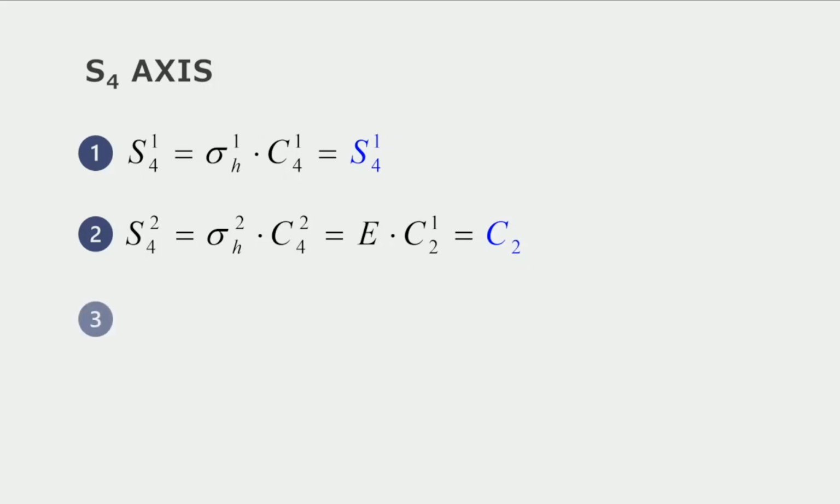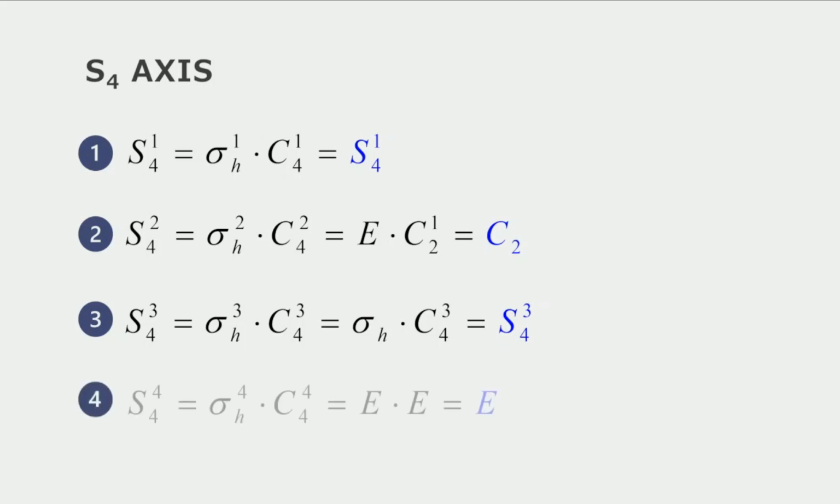Now, if we continue our operation, the next operation is S4 to the power 3, which is equal to sigma h to the power 3 into C4 to the power 3, which is equal to sigma h into C4 cubed, which is equal to S4 to the power 3 itself. So it is a unique operation. Now the next operation is S4 to the power 4, which is equal to sigma h to the power 4 into C4 to the power 4.